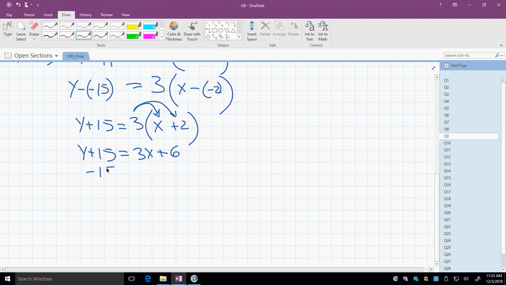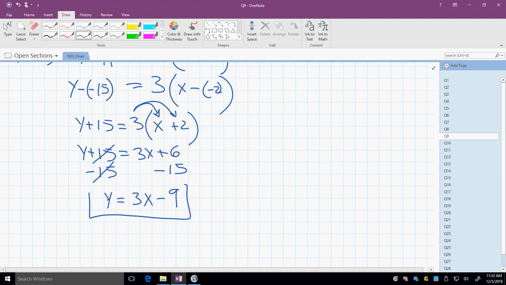Now we're going to subtract 15 on both sides of the equal sign. 15 cancel. Now we have y equals 3x minus 9, I think. No one has a calculator out? Negative 9? Yeah, thank you. Negative 9, yes. So that's your answer.